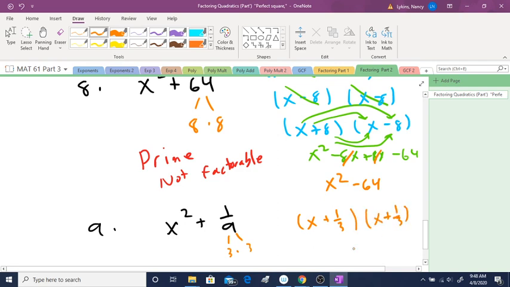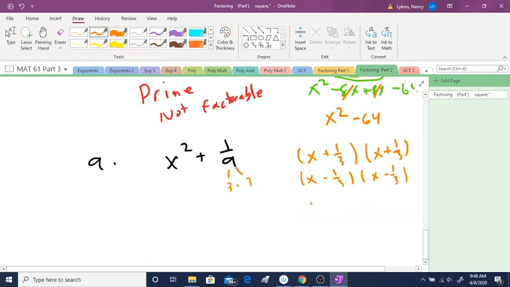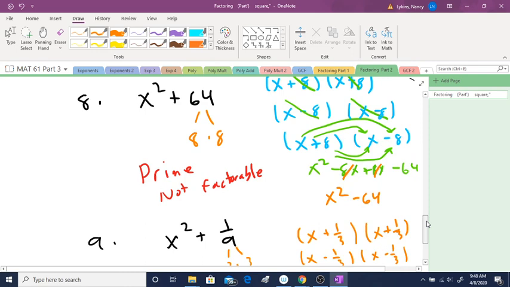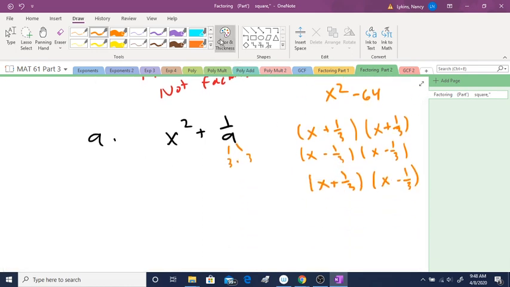I'll get this right here. Then I'll also get a minus 1/3 on both. And then I also will get one of each. But remember, the only difference between this one and the previous one is a fraction. Well, it's in the same format, so this is also prime or not factorable as well.